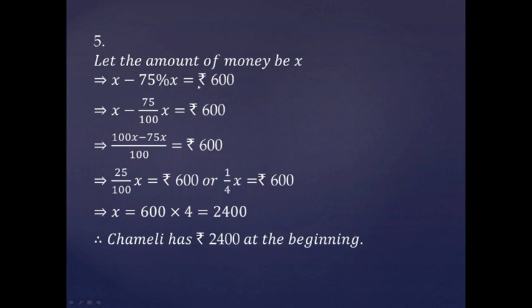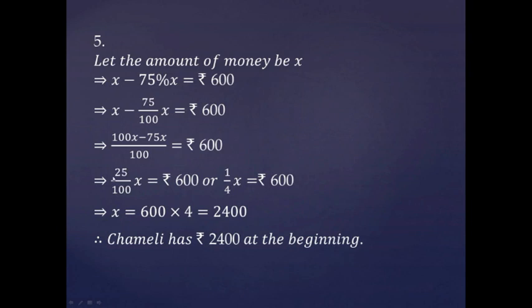So x minus 75% x equal to rupees 600. Then x minus 75 by 100 x equal to rupees 600. Then if you take 100 as an LCM, 100x minus 75x by 100 equal to 600. Then 100 minus 75 is 25 by 100, x equal to 600.